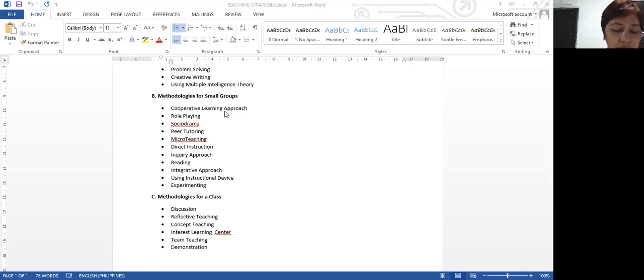And then another component again is the cooperative task structure, in which everyone in the group is required or encouraged to do or to work together in order to finish the task.